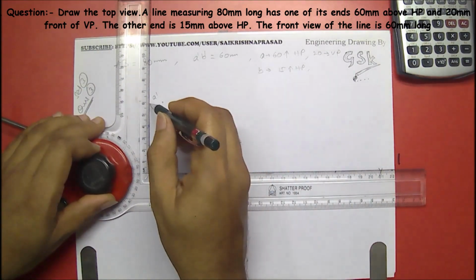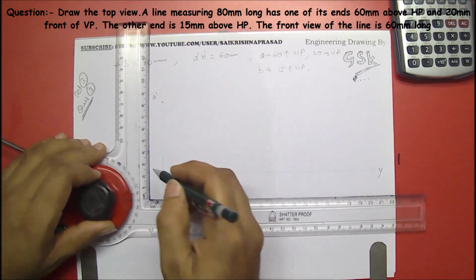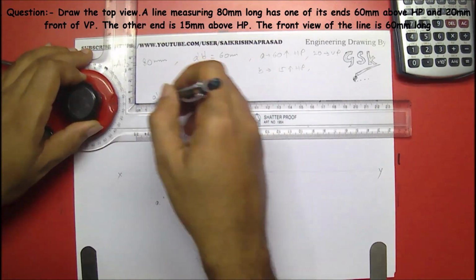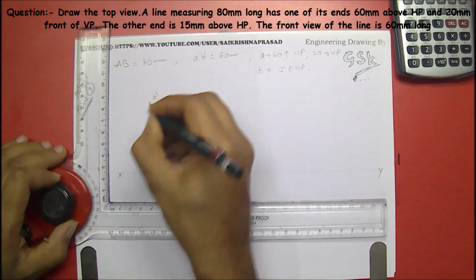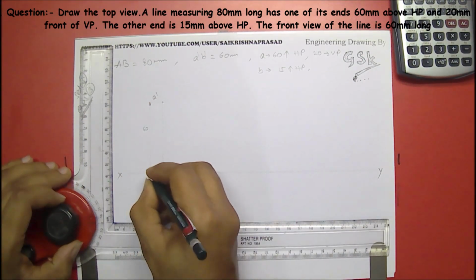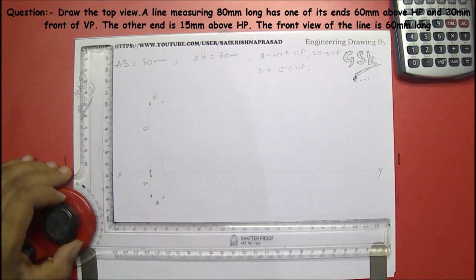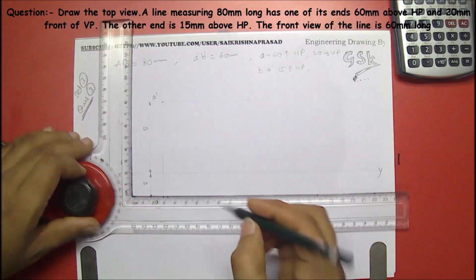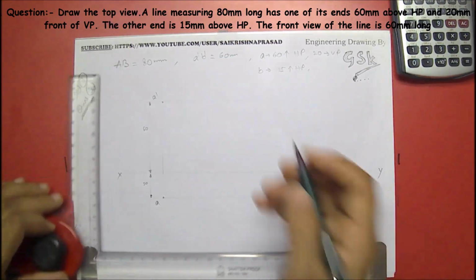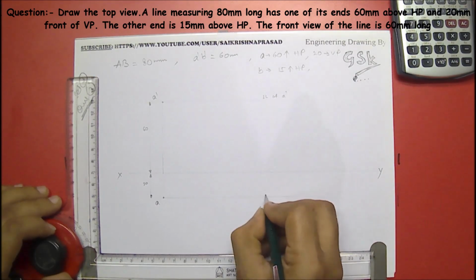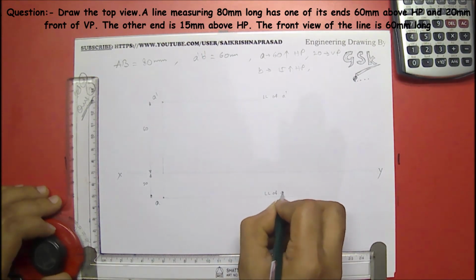So let me draw the dimension lines, so later we may not forget this. 60, this would be 20, and let's draw the locus line. This is the locus line of A dash, this is the locus line of A.